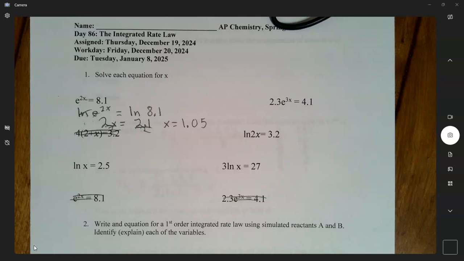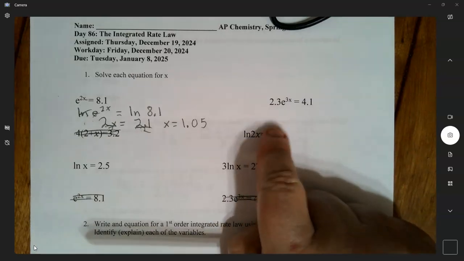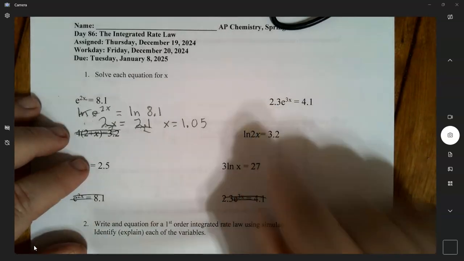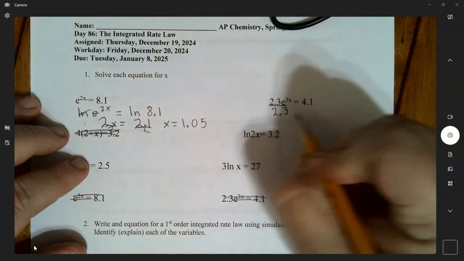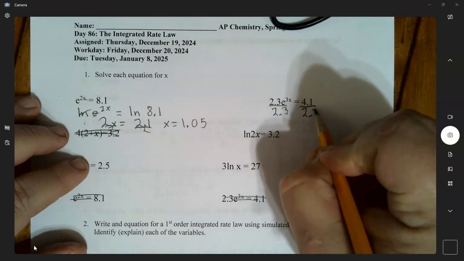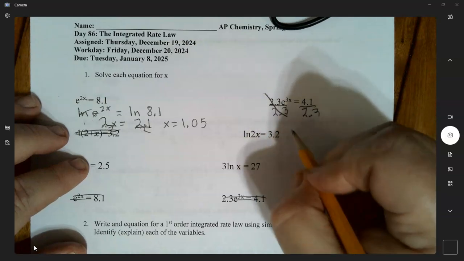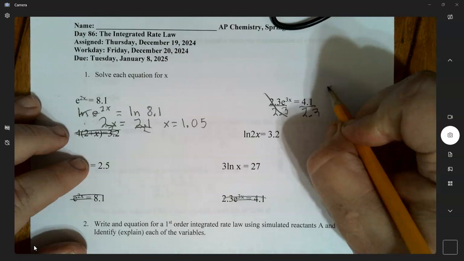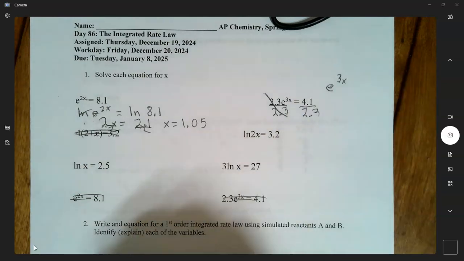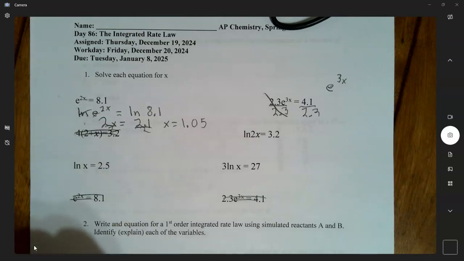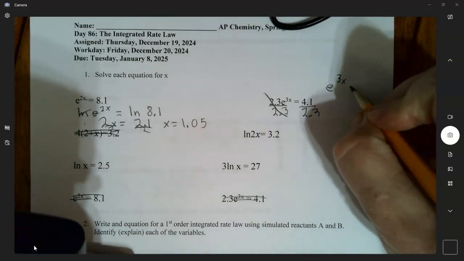Over here, same kind of problem, except you have a coefficient out front, so divide both sides by 2.3. Then you have e to the 3x equals 4.1 divided by 2.3, and that's going to give you 1.8.